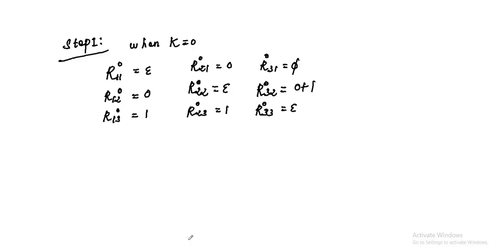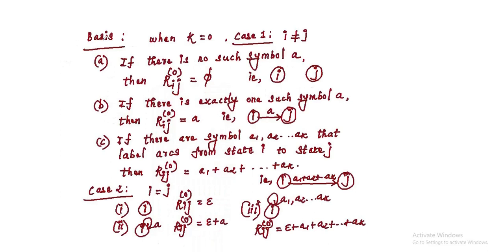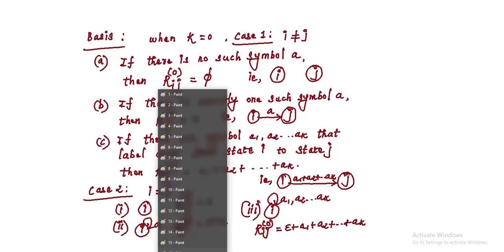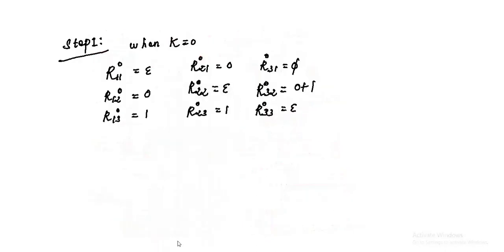Coming to the first step, when k value is 0, I already told you we need to use the basic formula. Using this basic formula, we need to frame the regular expressions.